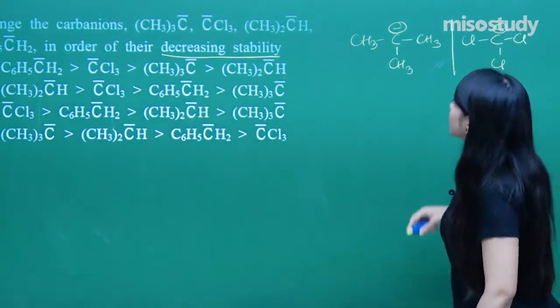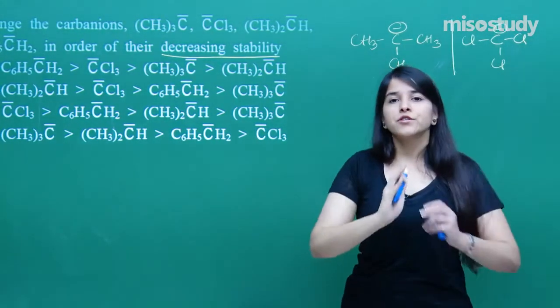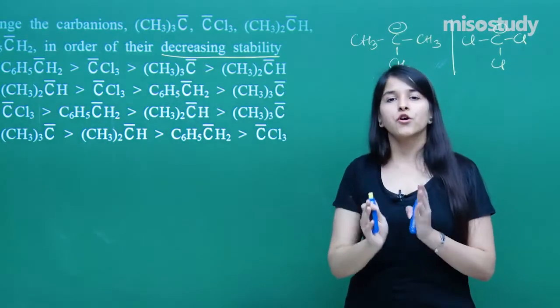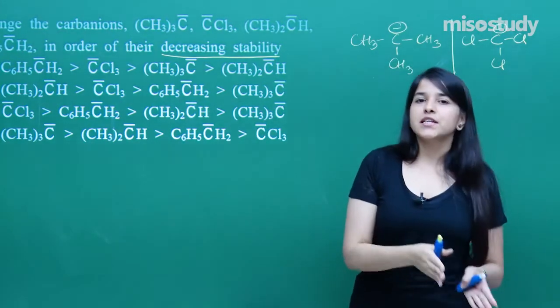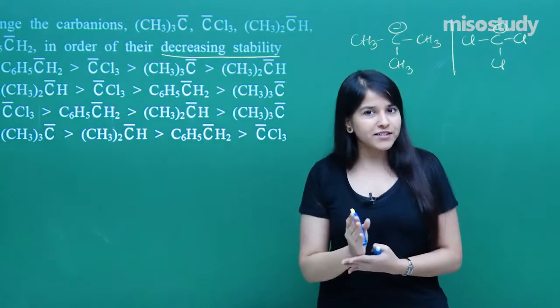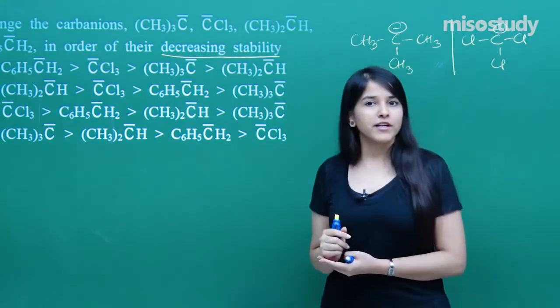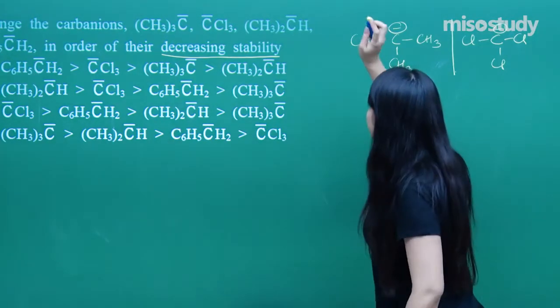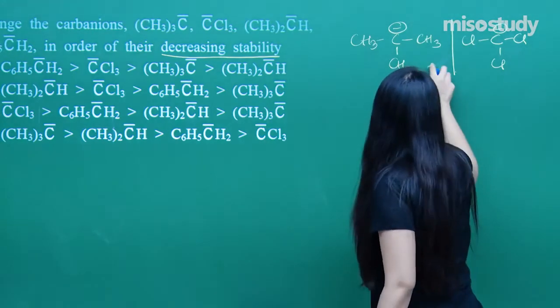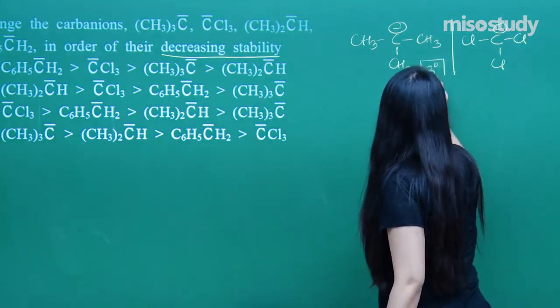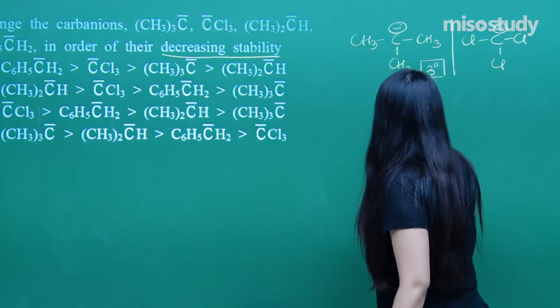In order to get the question right, particularly in GOC, you need to expand the structures first in order to check whether the stability is there or not. I hope you are all following. So I have got the secondary. Here this was the tertiary carbanion. I have got a secondary as well.